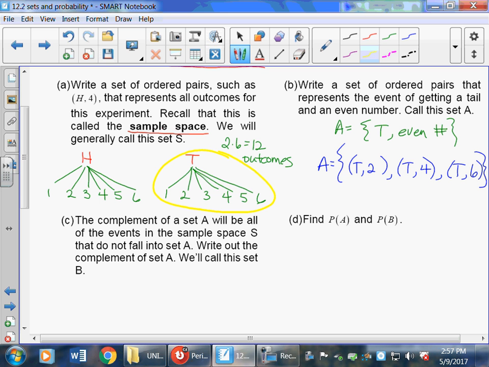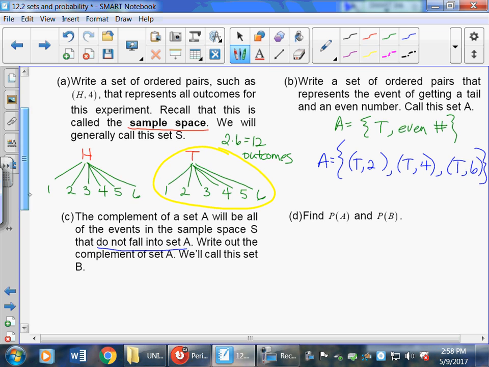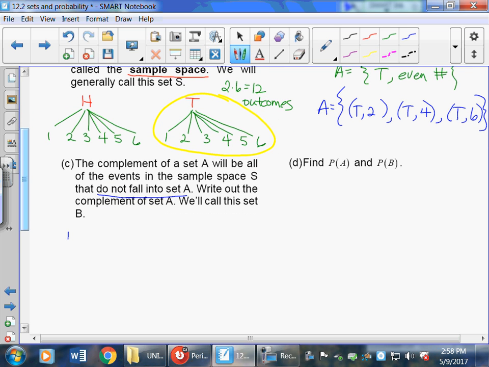C says the complement of set A will be all of the events in the sample space S that do not fall in set A. Write out the complement of set A. We'll call this set B. So set B is going to be all the other ones, and this is going to be a pretty big set because I have all of my heads, plus the few tails that I didn't pick up with the even ones.